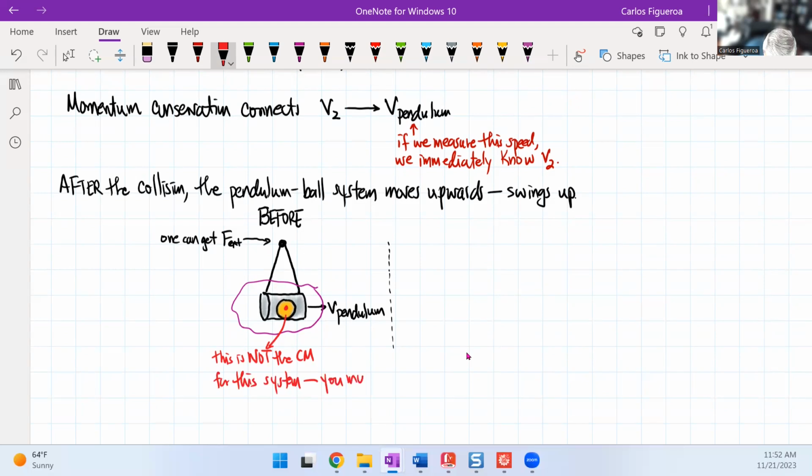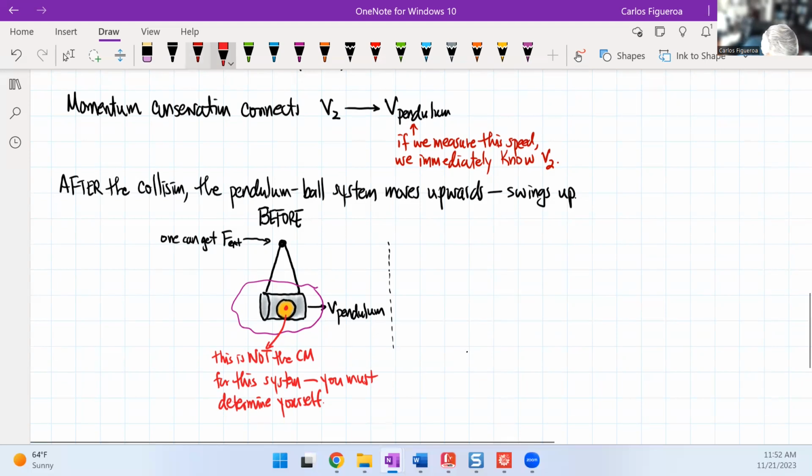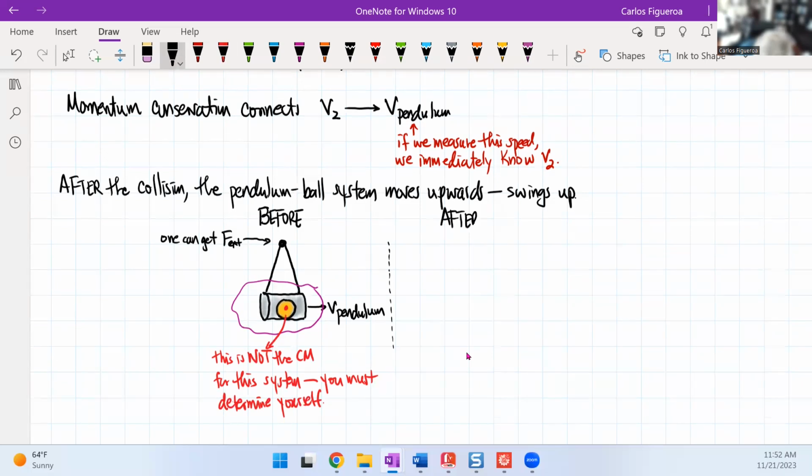You must determine that yourself. So you're going to have to find what that center of mass is. And then after this collision, there's a way using conservation of energy to get the details on that V pendulum.